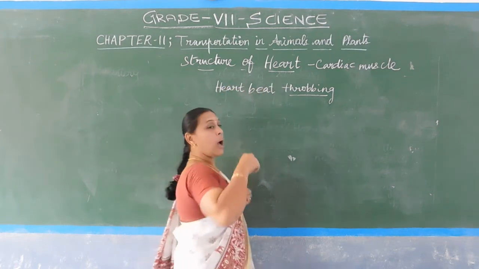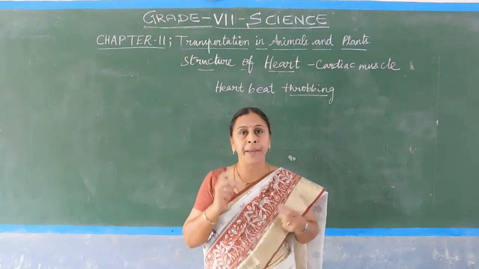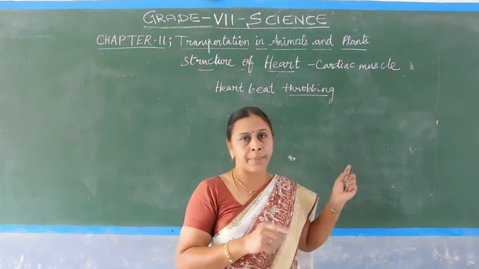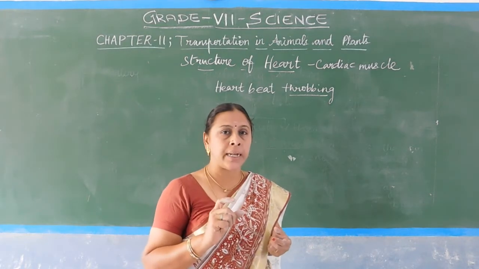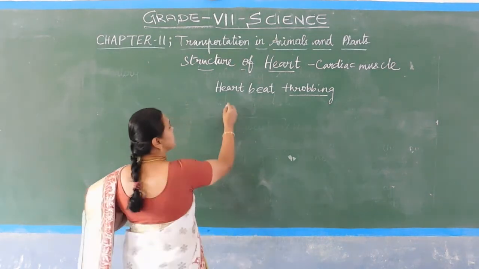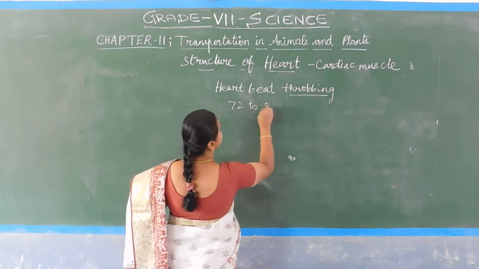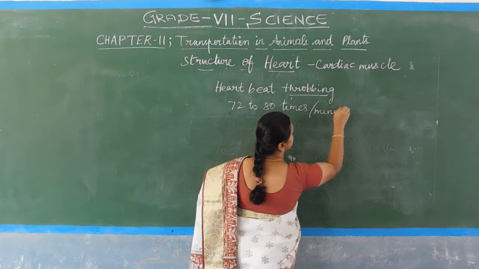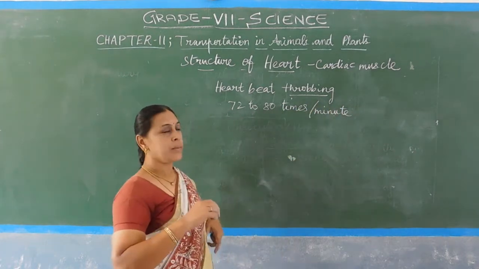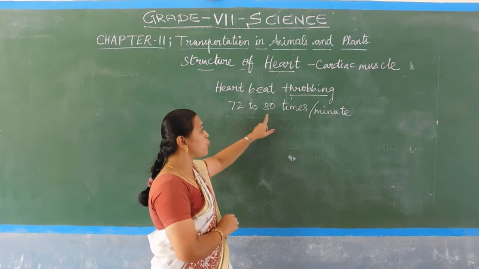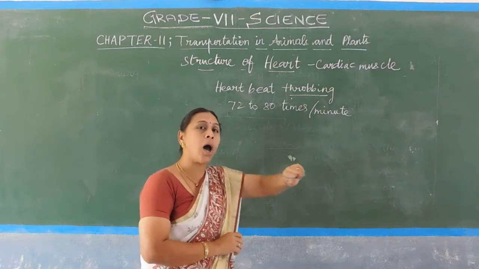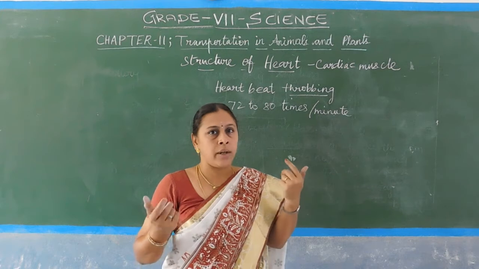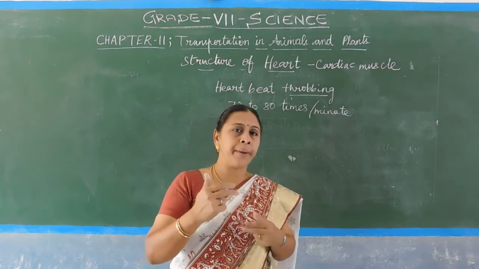How many times the heart beats in a minute is called the heartbeat. In a normal person, the heartbeat will be 72 to 80 times per minute. After doing exercise or heavy work, the heartbeat may increase.